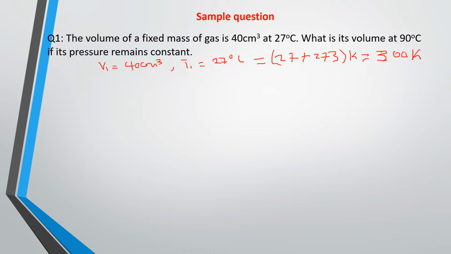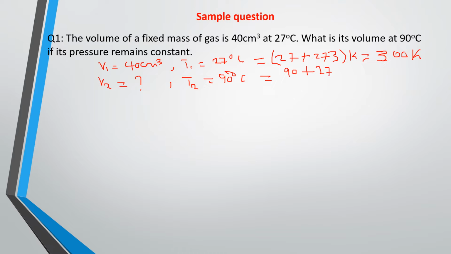Then you are asked to find V2. V2 is unknown, and T2 is given to you too. Similarly, just like you did for the other one, you convert 90 degrees centigrade to Kelvin.